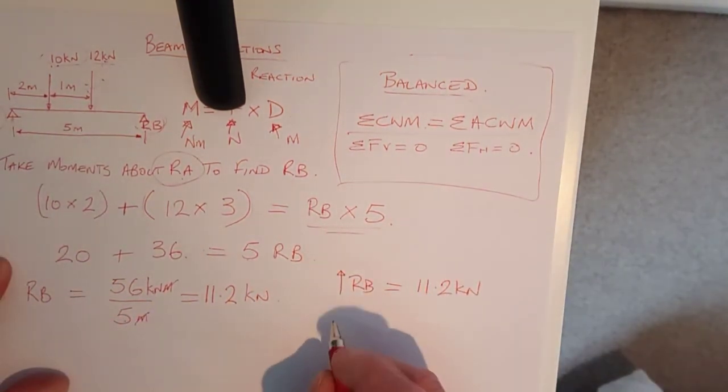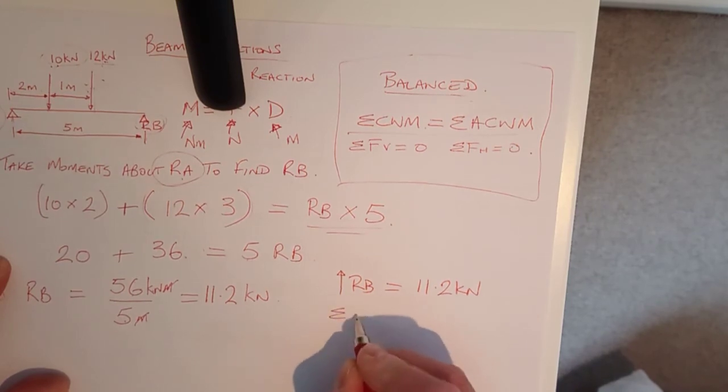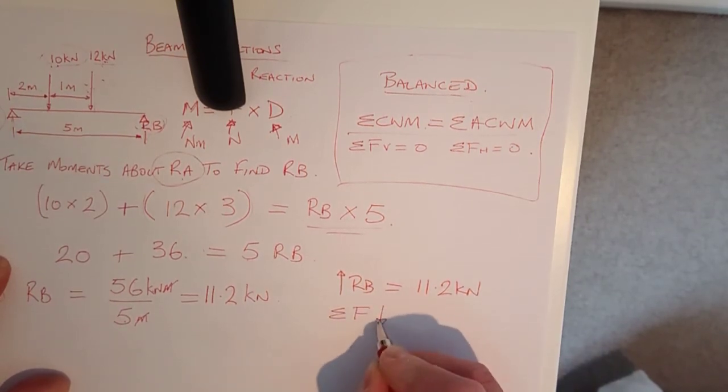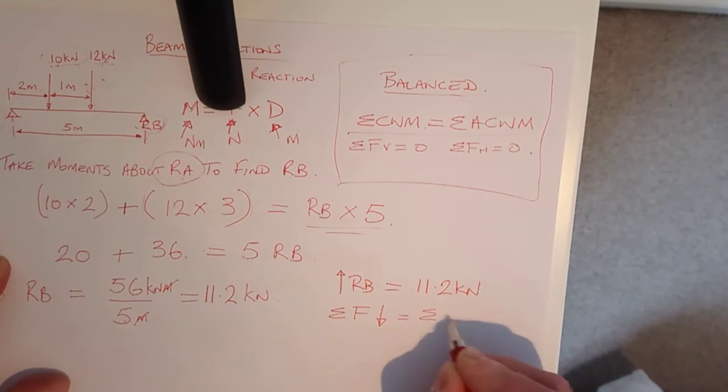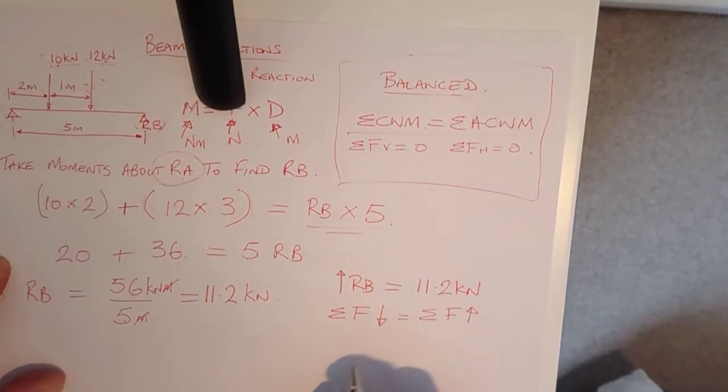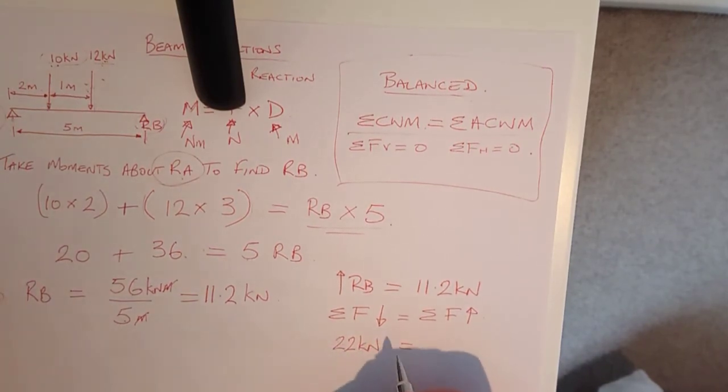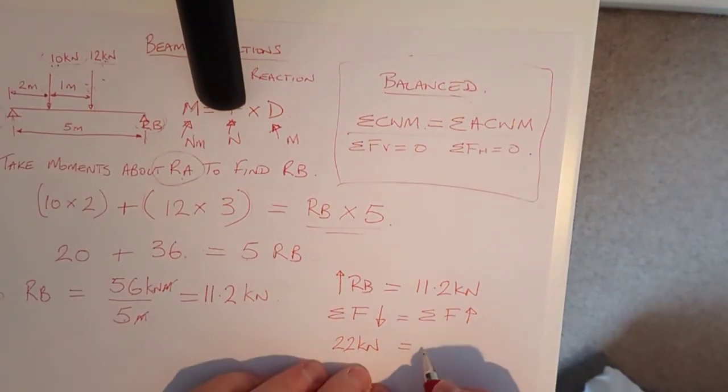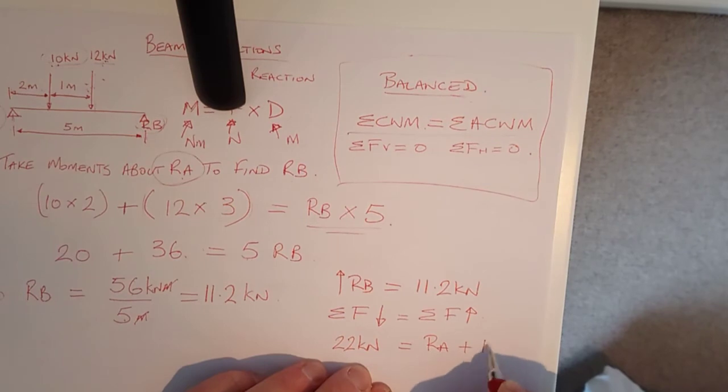So the total forces acting down, 22 kilonewtons, is equal to RA plus RB, which is 11.2 kilonewtons.